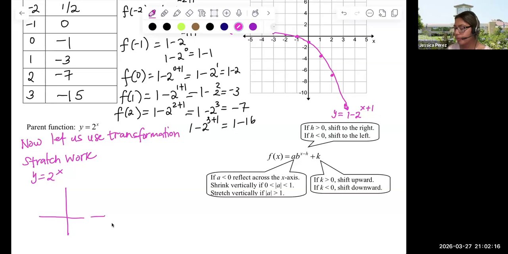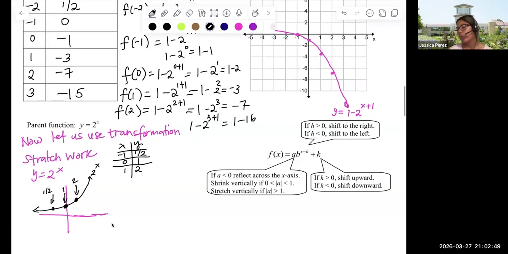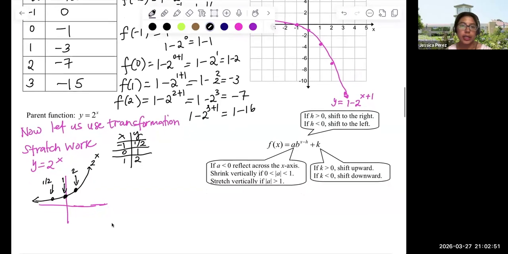If I recall, y equal 2 to the x looks like this exponential function, right? Because if I have x and y, if I have -1, 0, and 1, 2 to the -1 is 1/2, to the 0 is 1, and this one's 2. So it's going to be increasing.